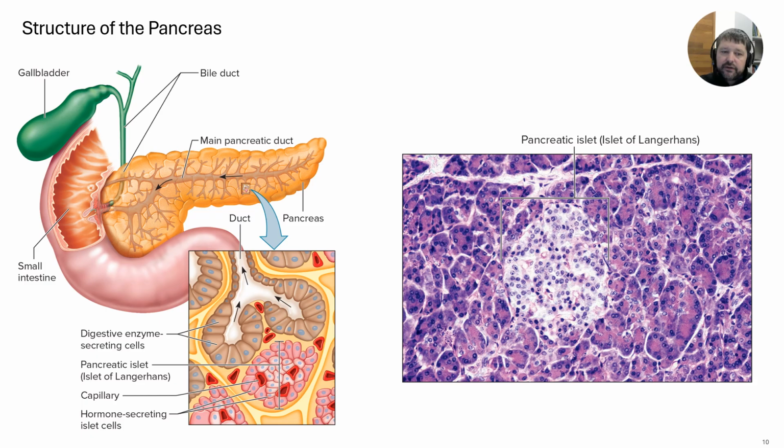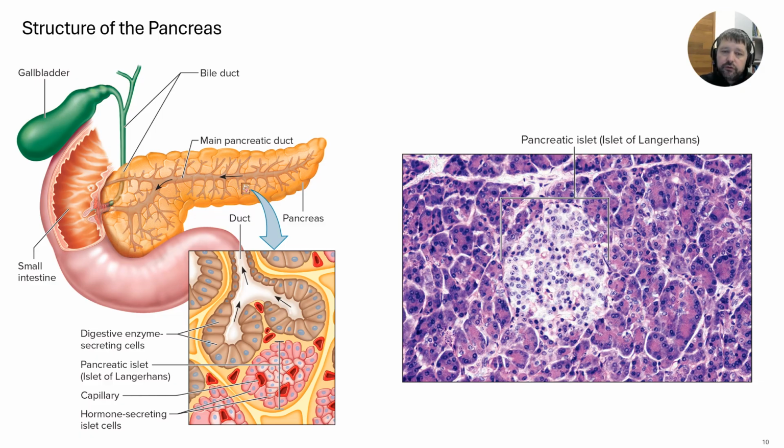In addition to that, it's going to excrete different types of hormones that get into the blood that's associated with the islets of Langerhans, okay?